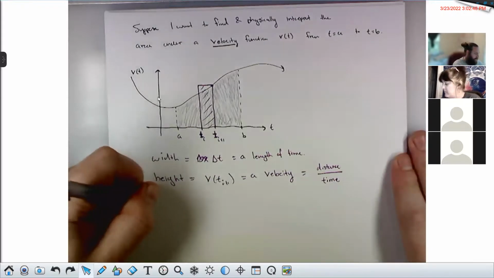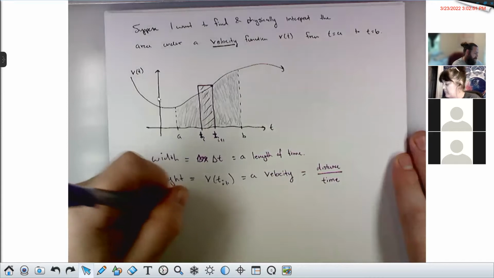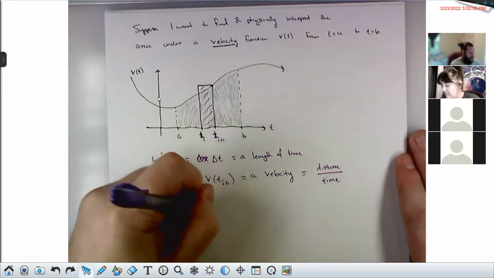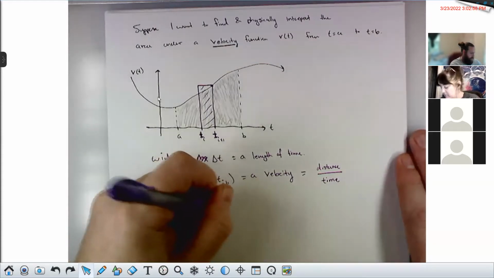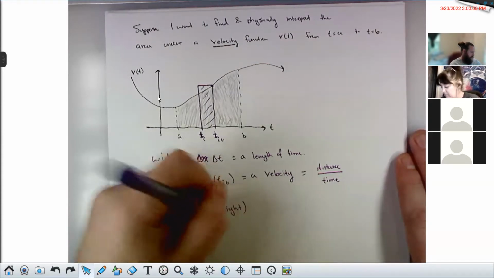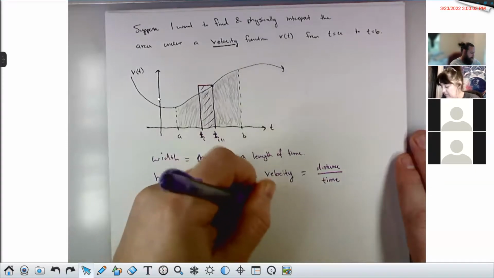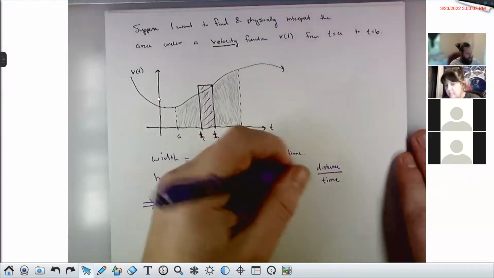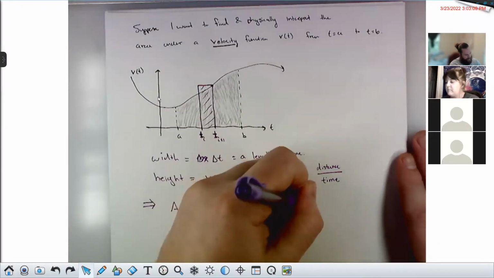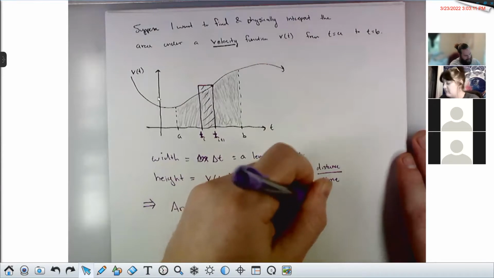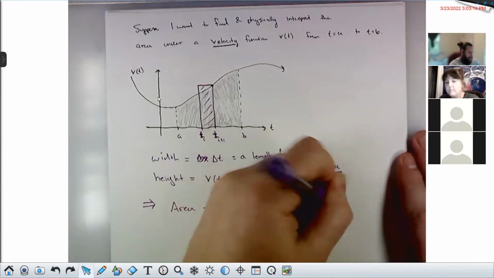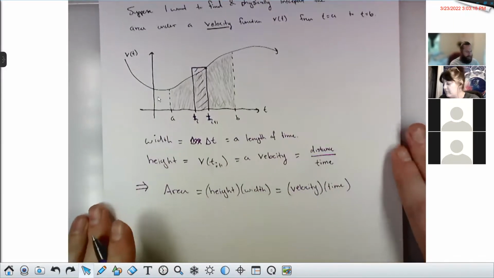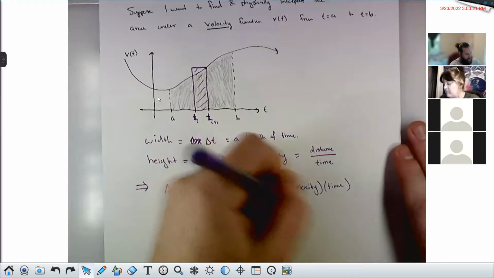So the area of that purple rectangle is the height times the width, which is a velocity times the time, and velocities are a distance over a time.